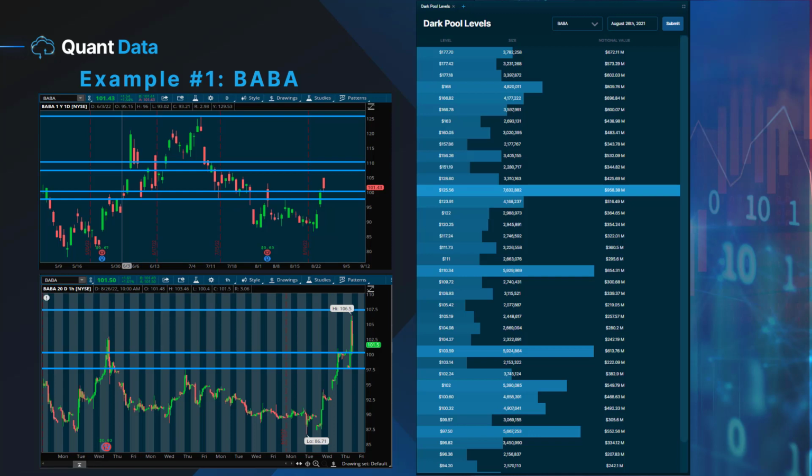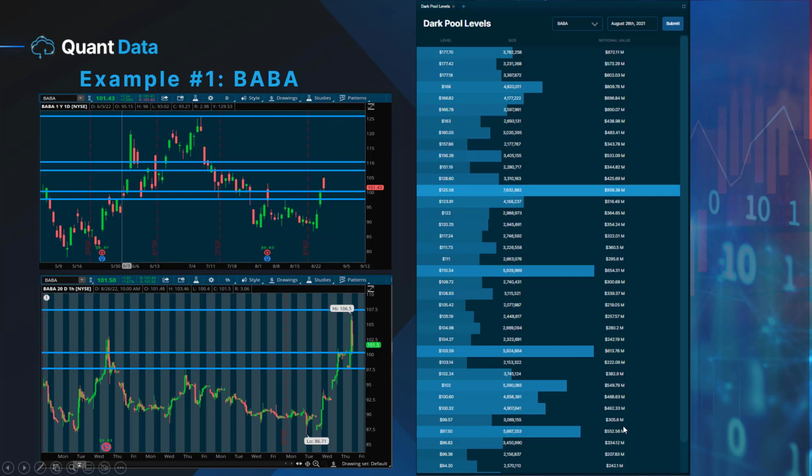Looking at the information we have posted on the charts, we could have set an alert at the 97.50 level, which is this dark pool level right here. It's one of the top 5 dark pool levels that had over $500 million in notional value traded at it.